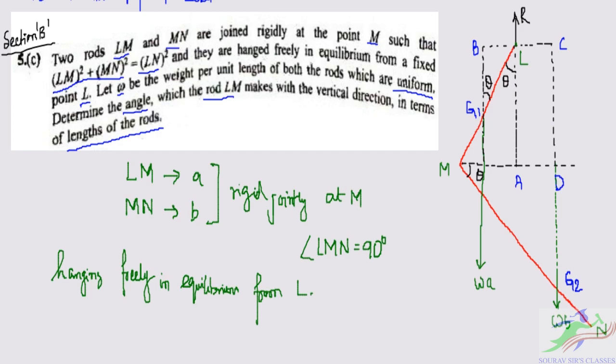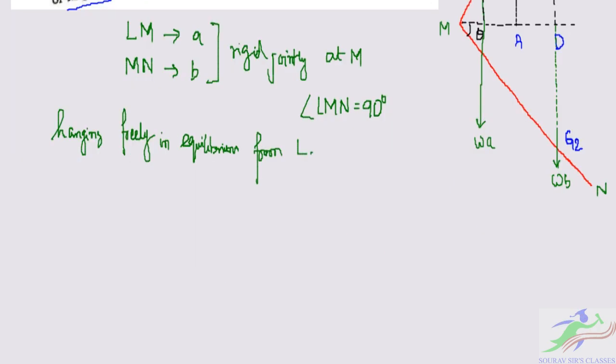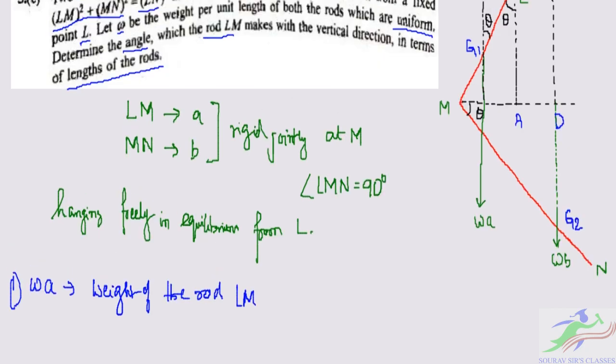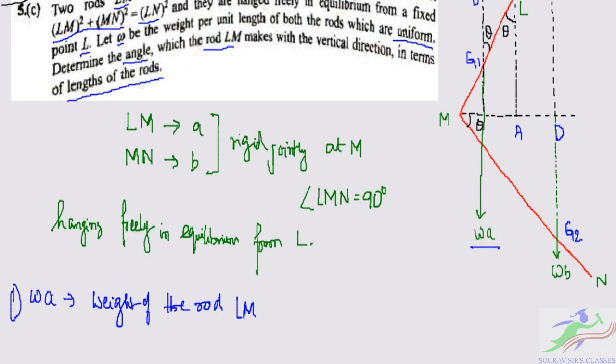The first one is omega A, the weight of the rod LM, acting vertically downwards at the point G1.